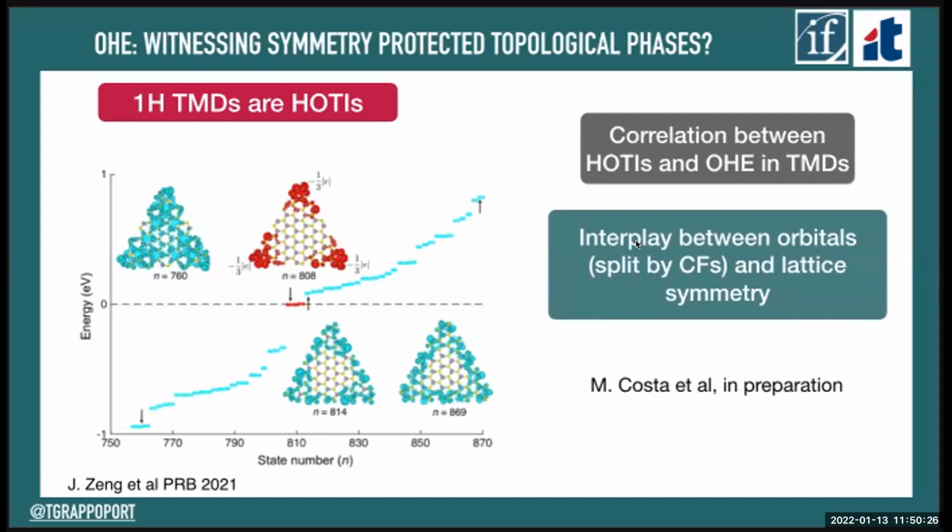So you have to cut it in a way that you have... If you cut and you have zigzag edges, you don't see anything, right? Because, of course, the zigzag edges will make them metallic.